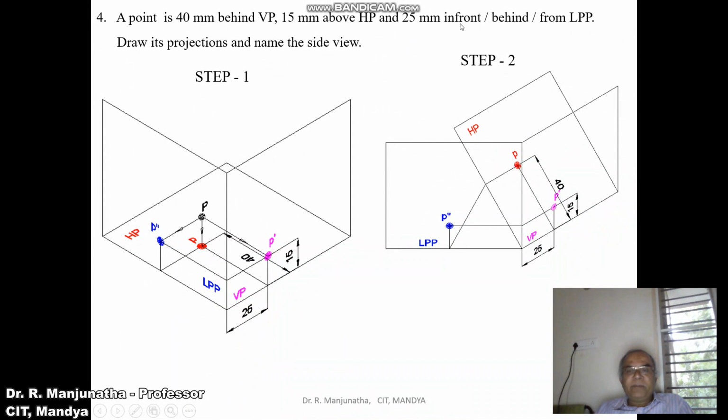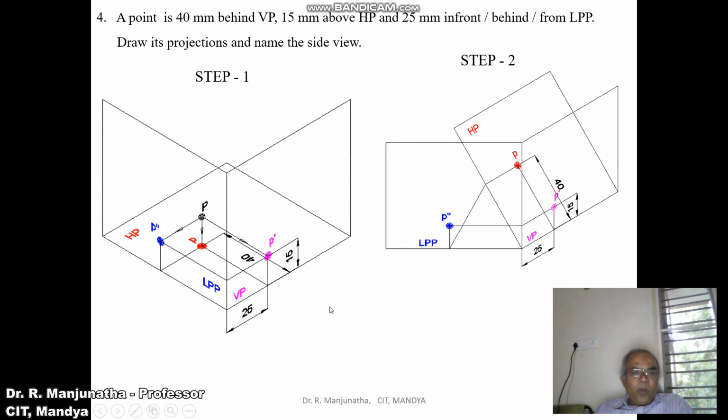Then 25 mm in front or behind or from LPP. As we have said, it is behind LPP. So when you look from the left side view, we can see the distance above HP. That is this distance that can be seen here. And also when you look from the left side view, we can see the distance behind VP, which is 40 mm, so this 40 mm can be seen here.